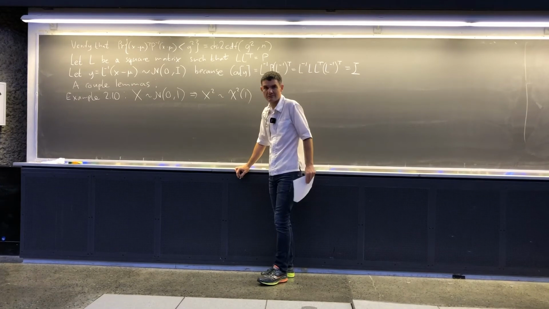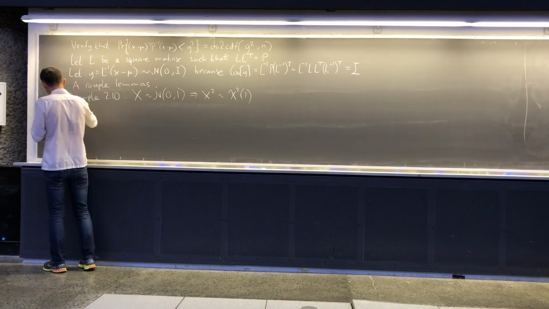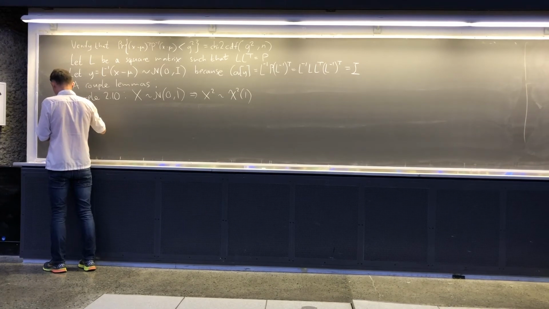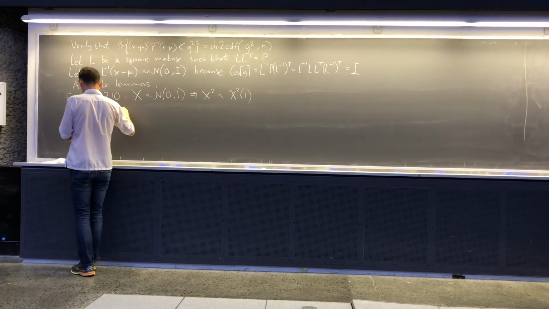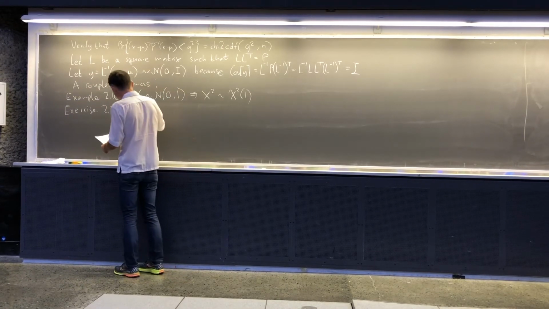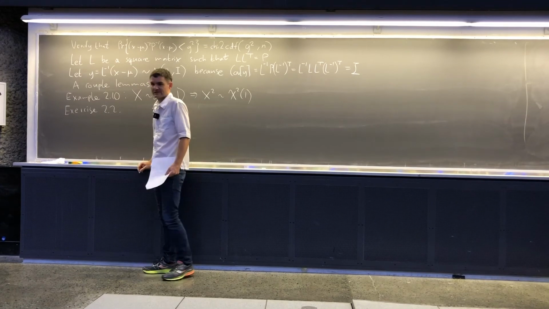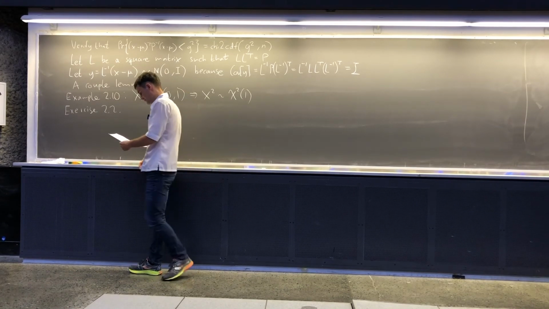And then I have another result, which is an exercise in the book. That is about the sum of chi-square distributed random variables, very similar to what I did for the sum of exponential random variables on the blackboard.